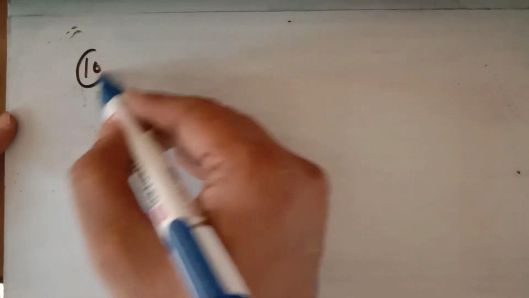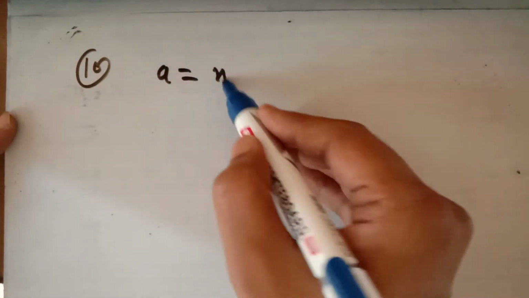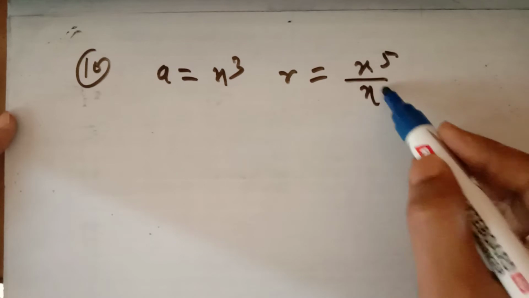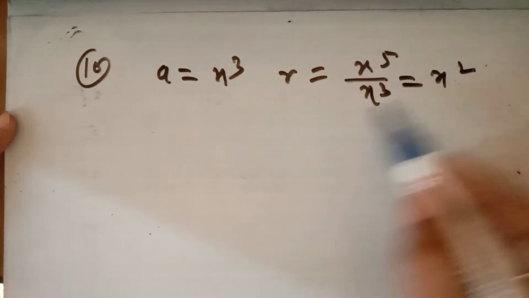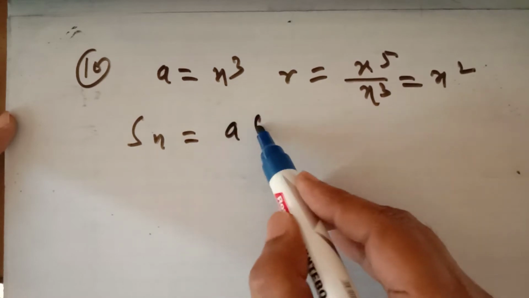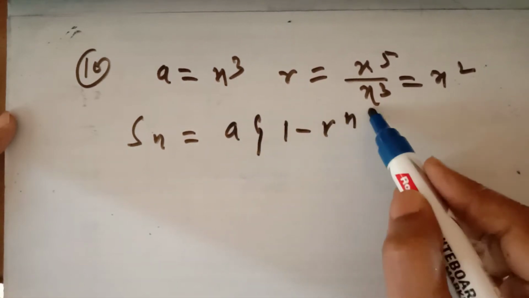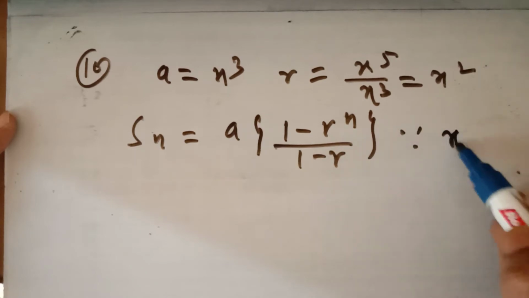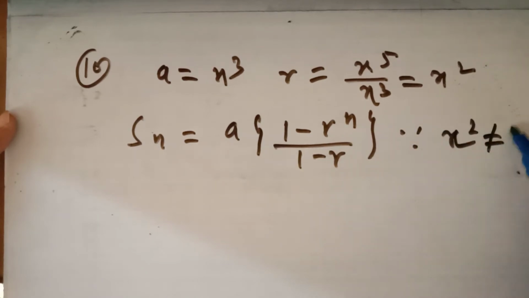Now in question number 10, the first term here is x cubed, and the common ratio, obtained by dividing the second term by the first term, is x squared. You have to find the sum of n terms, which will be a(1 - r^n)/(1 - r), because it is given that x squared is not equal to 1.